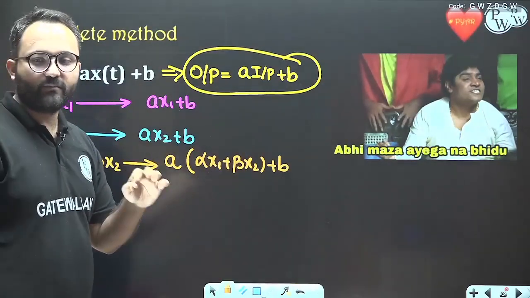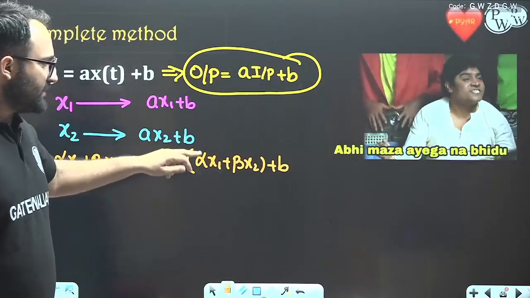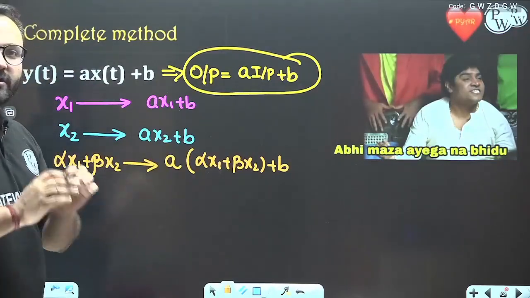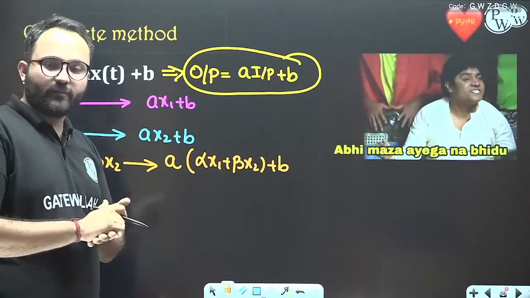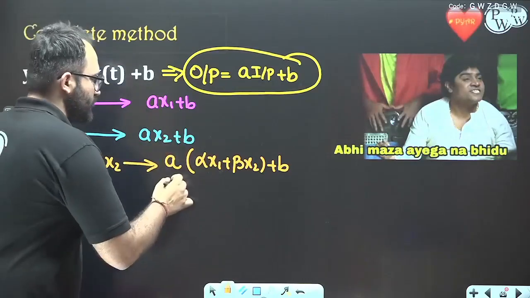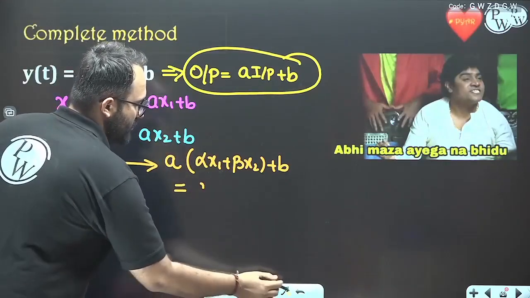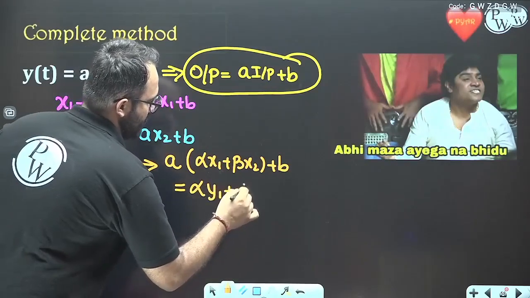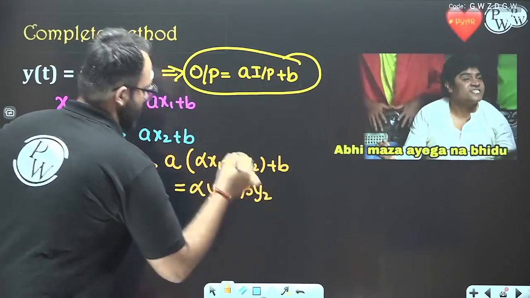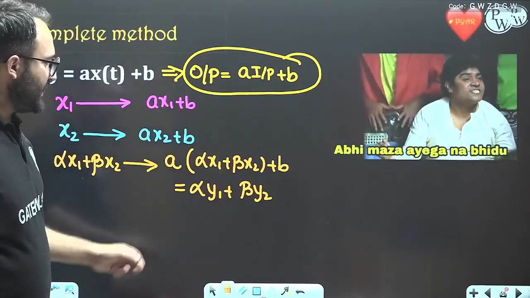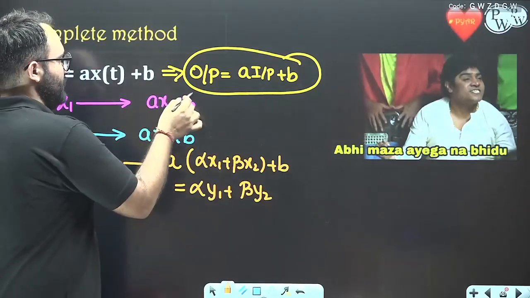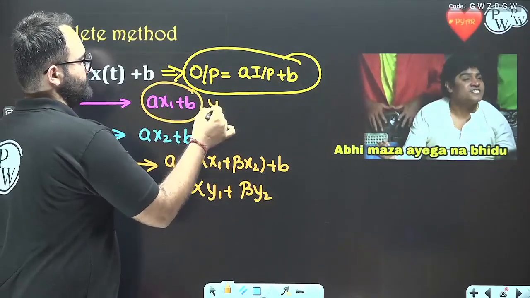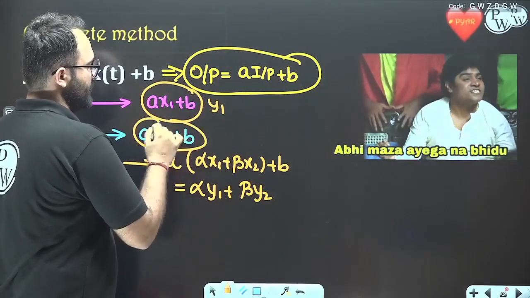Now, it is very important to observe that if the system follows superposition, then this output should be equal to alpha times y1 plus beta times y2. This is your y1 and this is your y2.